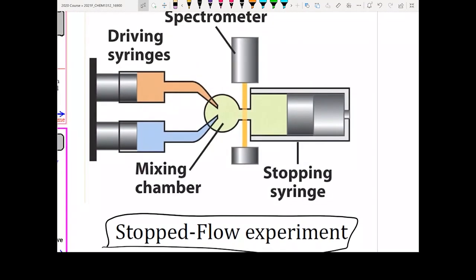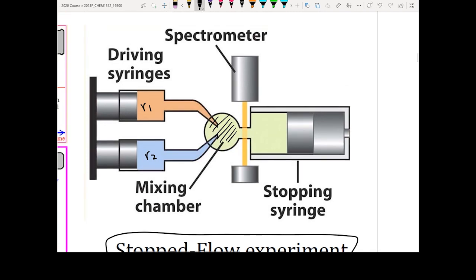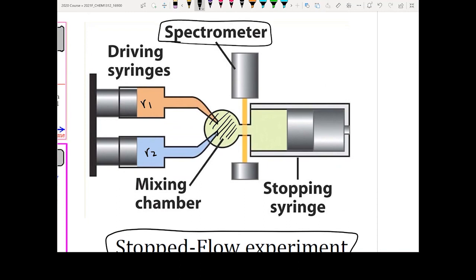So it works like this. In the beginning, you have reactant species put in a syringe, for example reactant 1 and reactant 2. They are injected into a small vessel, and then they mix quickly. Once they mix together, the reaction starts to occur. To probe the concentration of each species, we use something called a spectrometer. A spectrometer is an instrument that measures the fingerprint of your chemicals.